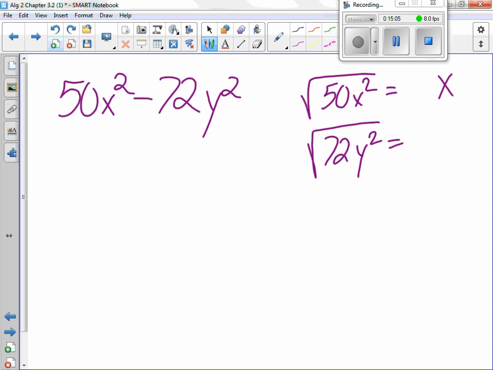If you're having trouble doing it in your head, you can always use a calculator to see what the square root of 50 is. 7.07, or as a radical, it would be 5 square root of 2. And 72 would be 6 square root of 2, especially if we use the yellow calculators, it'll tell us that. So it's 50 and 72, are they perfect squares? No.